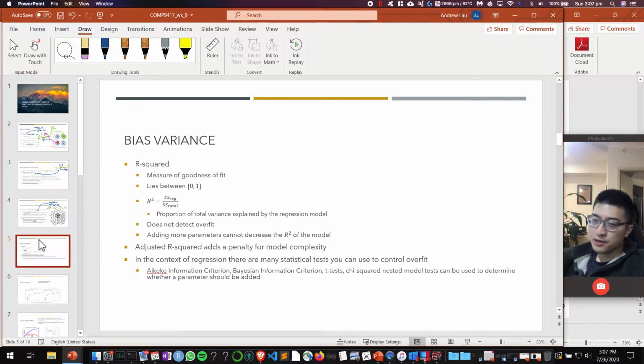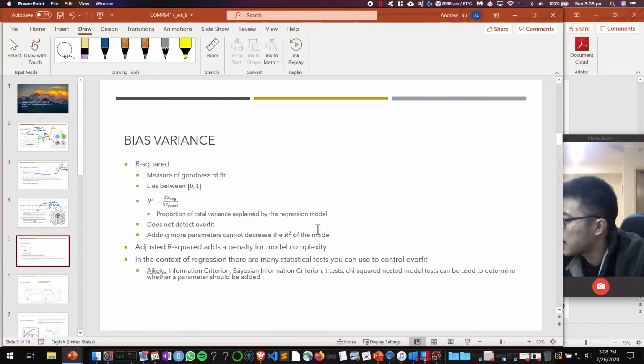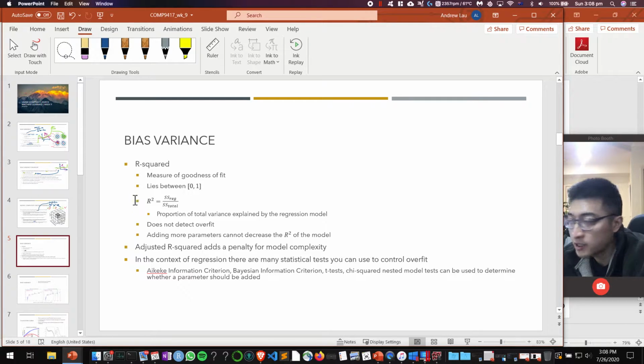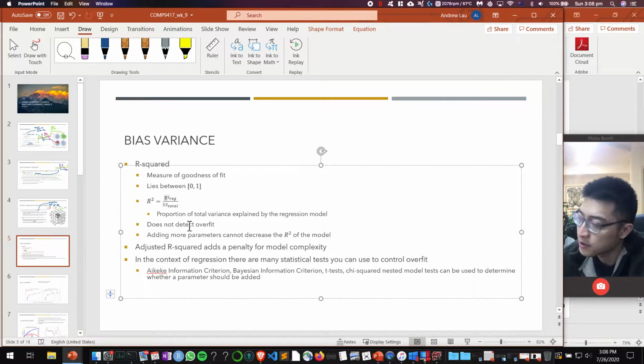Now, something I want to touch on, and we talk about this a bit in the Jupyter Notebook later, is some measures of goodness of fit. So we have here our R-squared. R-squared is quite commonly seen in linear regression. It's a measure of goodness of fit. It lies between 0 and 1, and SS stands for sum of squares.